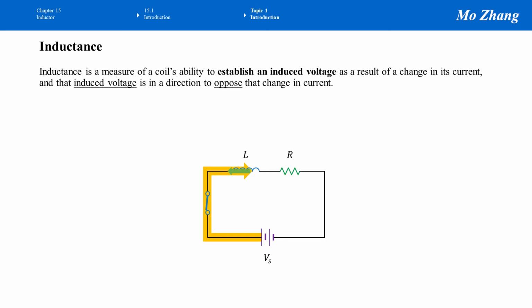As soon as this current flows through this inductor, that green arrow means the induced voltage being created, and the current continues flowing and then returns back to the negative terminal. When the current reaches the end of the terminal, eventually in the steady state, the current becomes constant in the circuit. Induced voltage becomes zero.